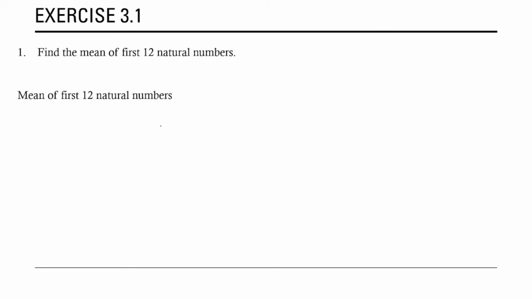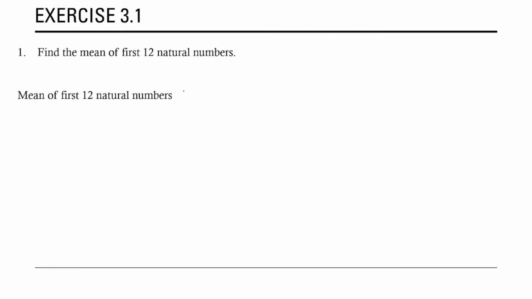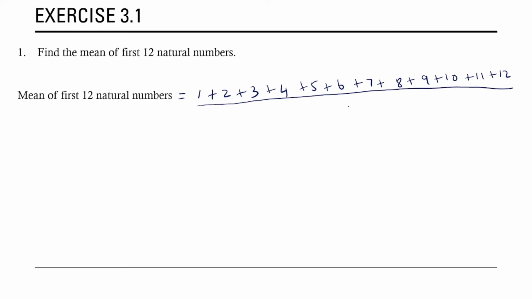So the mean of first 12 natural numbers is given by the sum of those 12 natural numbers divided by 12. So the sum of first 12 natural numbers is nothing but 1 plus 2 plus 3 plus 4 plus 5 plus 6 plus 7 plus 8 plus 9 plus 10 plus 11 plus 12 divided by 12.